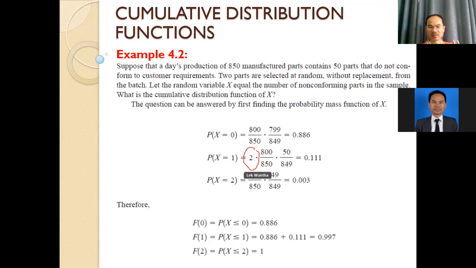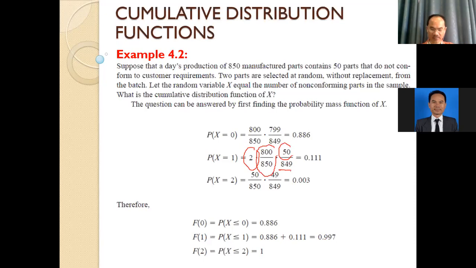If you collect 1 good part first, it is 800 divided by 850, and you collect another 1 that is fail, from 50, but the total is now 849. And for this case, it is possible in two orders, so you multiply by 2.